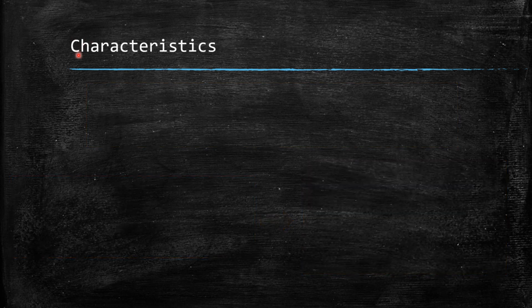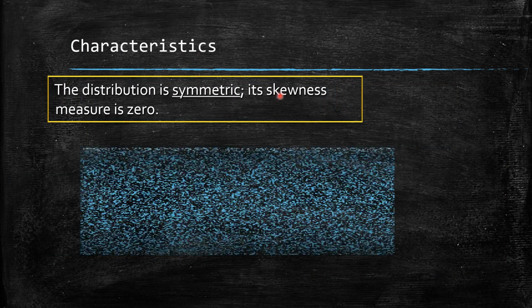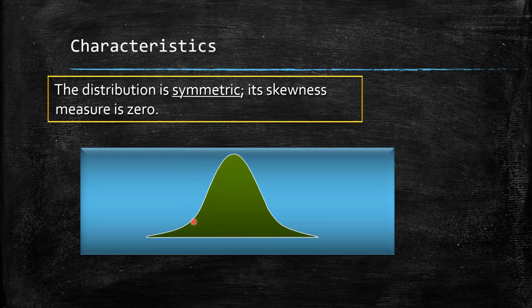We take the characteristics of this normal curve. The first one is that the distribution is symmetric, or we can say its skewness measure is 0. If I plot the graph of the normal curve, I can say it is perfectly balanced, correct? So it is symmetric, or I can say the skewness is 0.